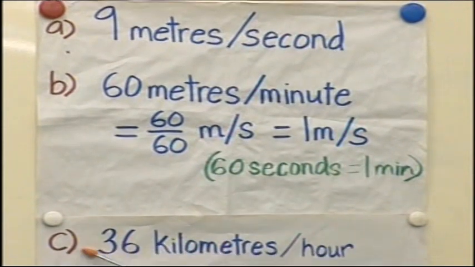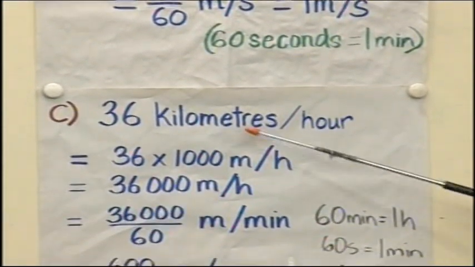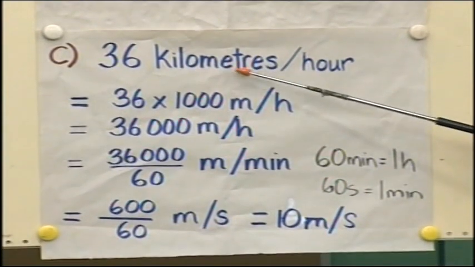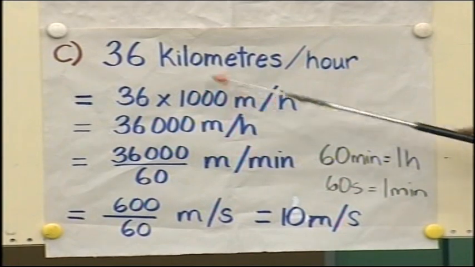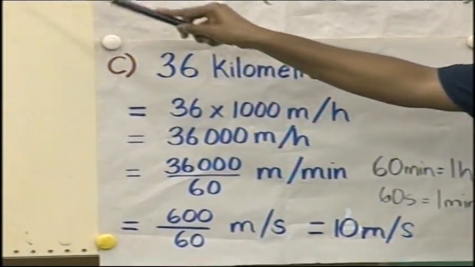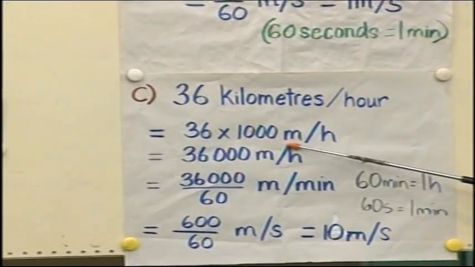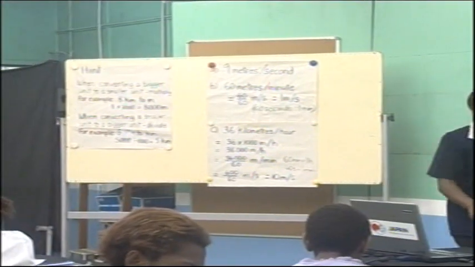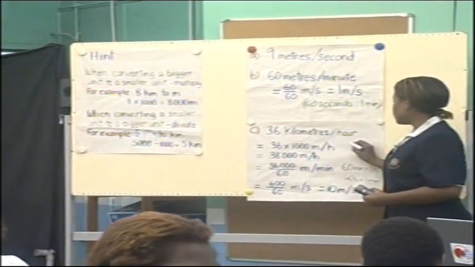Okay, now this one here, C, 36 kilometers per hour. I have to change these kilometers into meters. So what I did was, this hint can also help you. 36 kilometers, I multiply by 1,000 because 1,000 meters is equal to 1 kilometer, right, class?